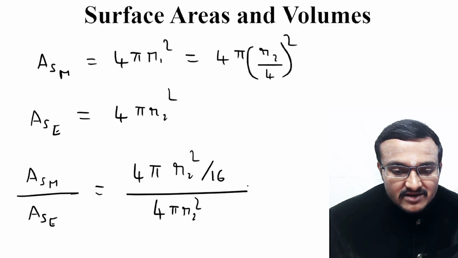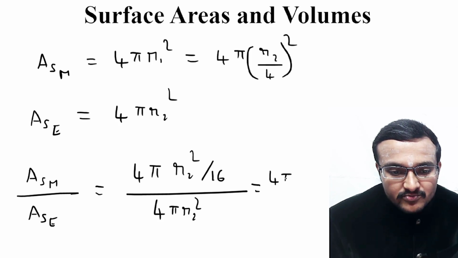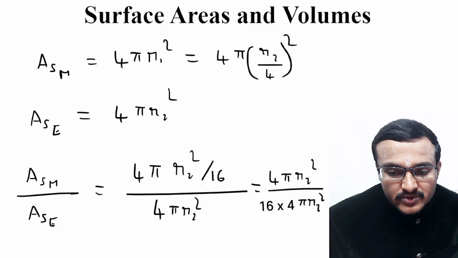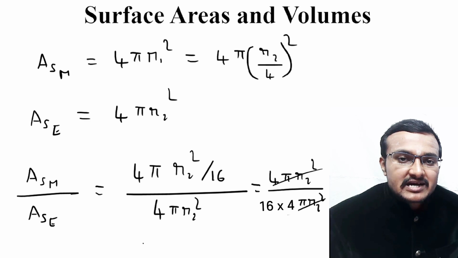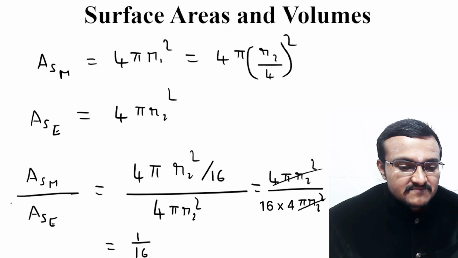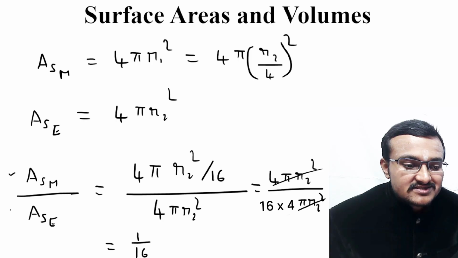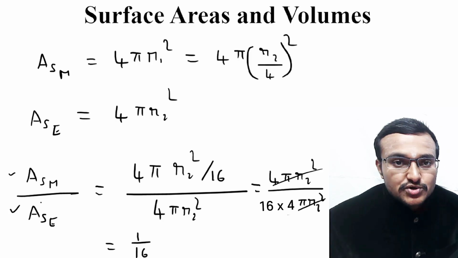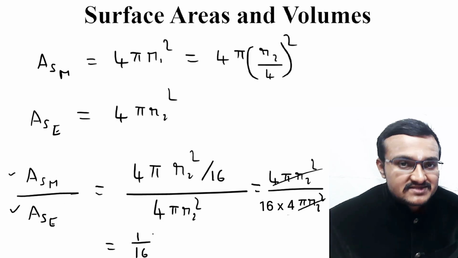This 16 will come to the denominator, so 4 pi r2 square divided by 16 into 4 pi r2 square. The 4 pi r2 square gets cancelled, so we get 1 by 16. The ratio between the surface area of moon to earth is 1 by 16.